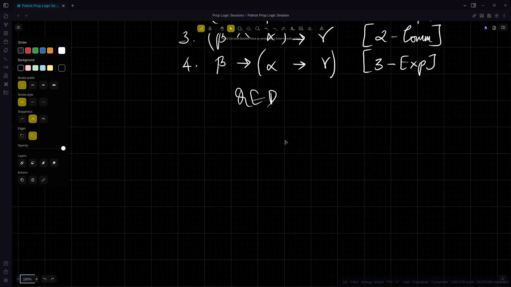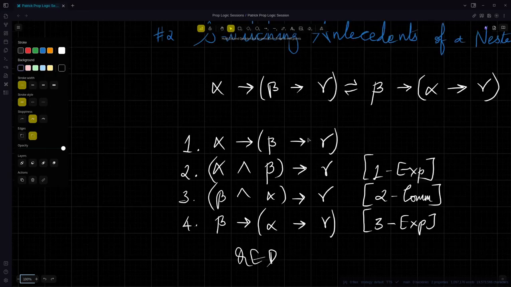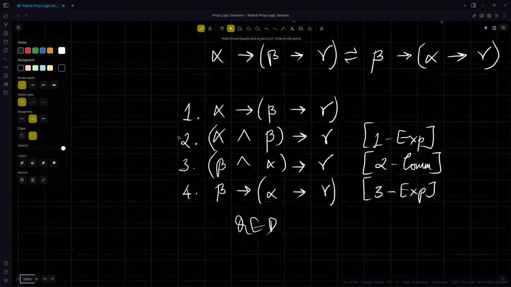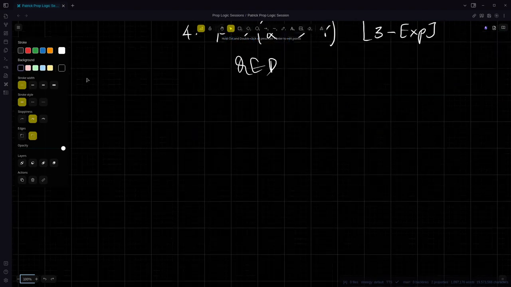Yep. Okay. So that's another trick. That's trick number 2, which is just switching the conditionals.